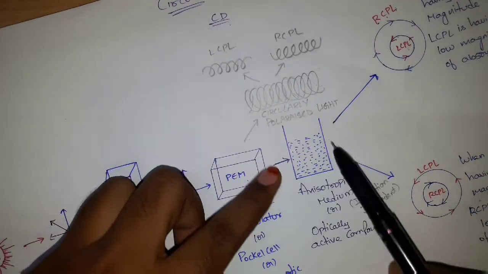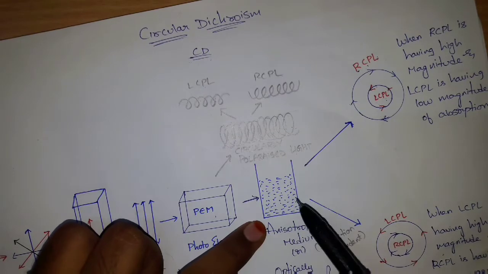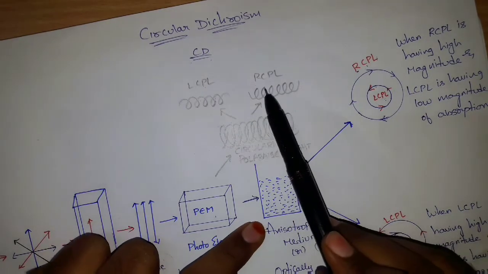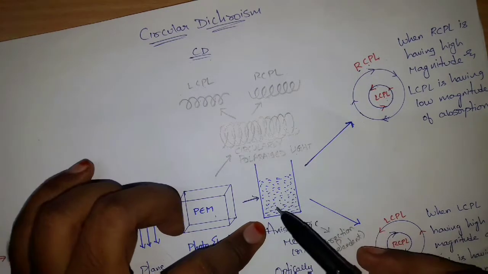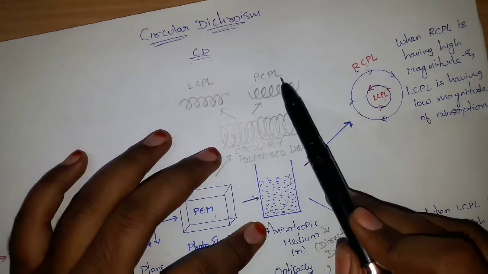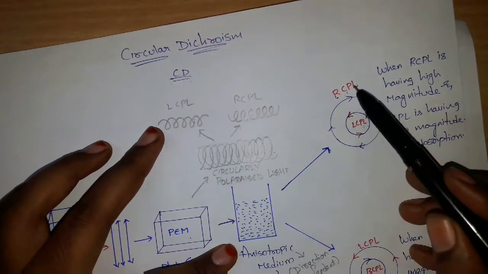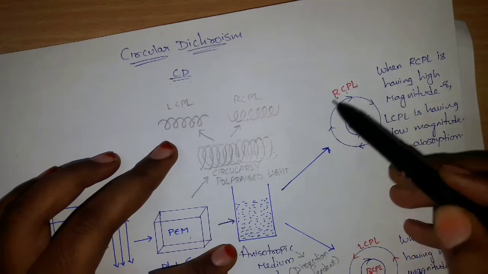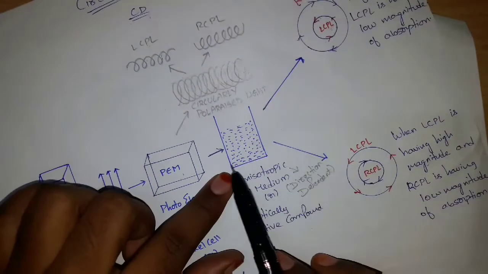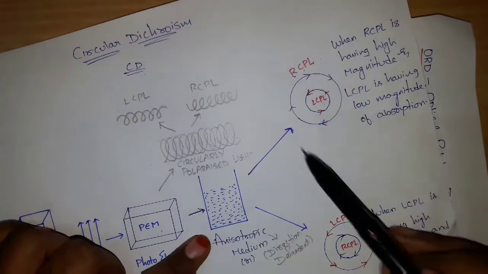When circularly polarized light is incident, it absorbs both right circularly polarized light and left circularly polarized light, but there is a difference between the RCPL and LCPL. The magnitude of RCPL may be more and LCPL less, or the magnitude of LCPL more and RCPL less.